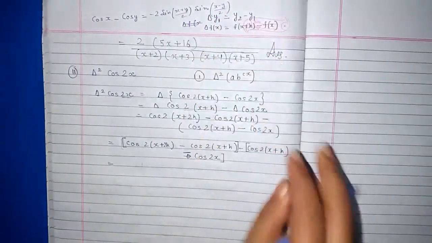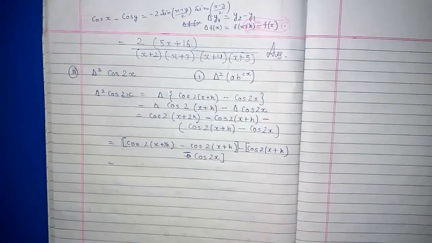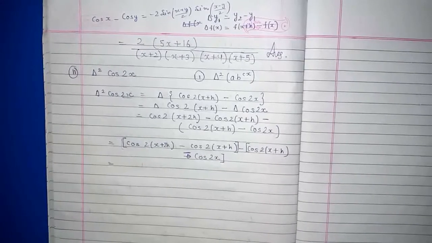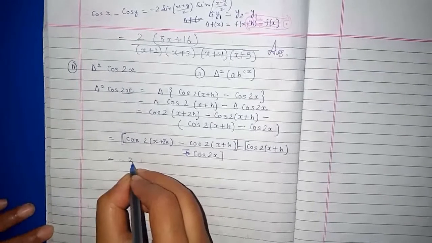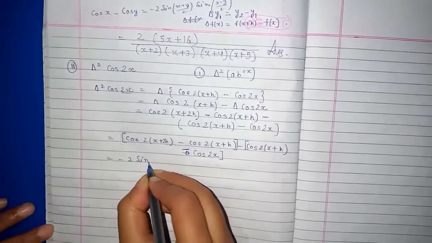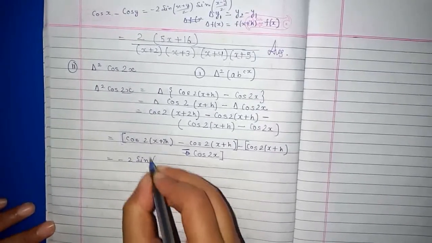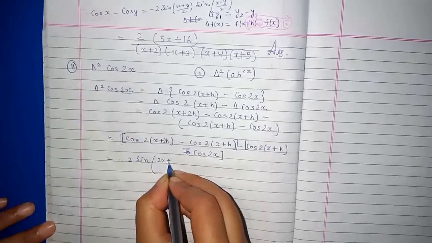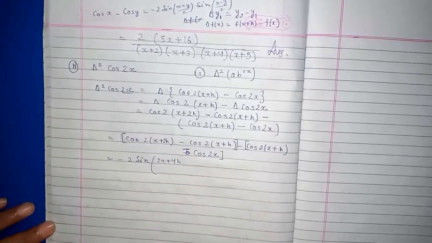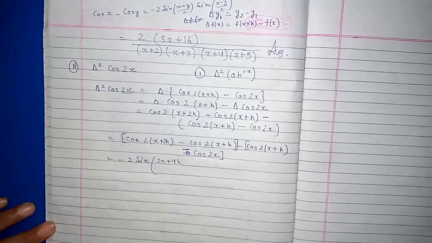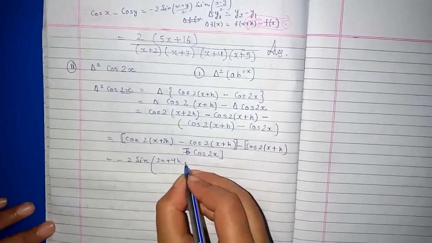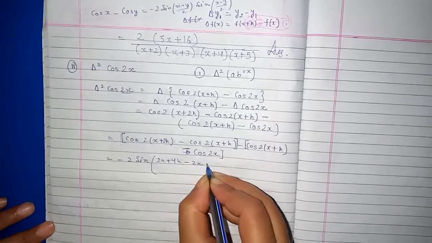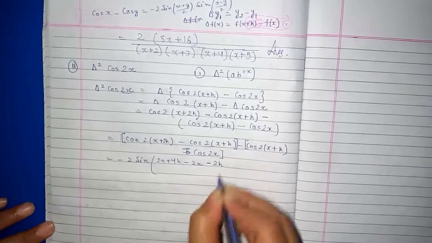We will use this formula here again to solve this question. So if we solve, it will become minus 2 sine of 2x plus 4h, minus of this, so it will become minus 2x minus 2h.